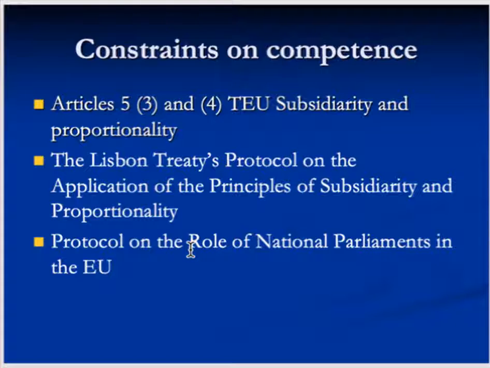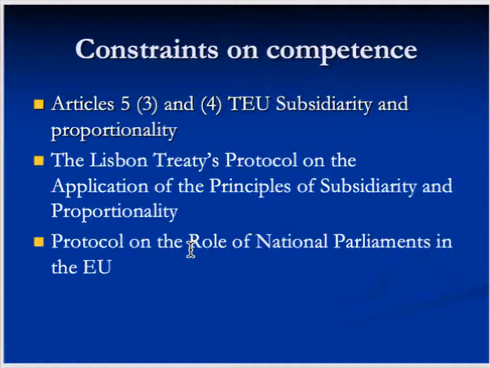So Article 5(3) says, under the principle of subsidiarity, in areas which do not fall within its exclusive competence, so we already know which areas those are, the Union shall act only if and insofar as the objectives of the proposed action cannot be sufficiently achieved by the Member States, either at a central level or at a regional and local level, but can rather, by reason of the scale or effects of the proposed action, be better achieved at Union level.